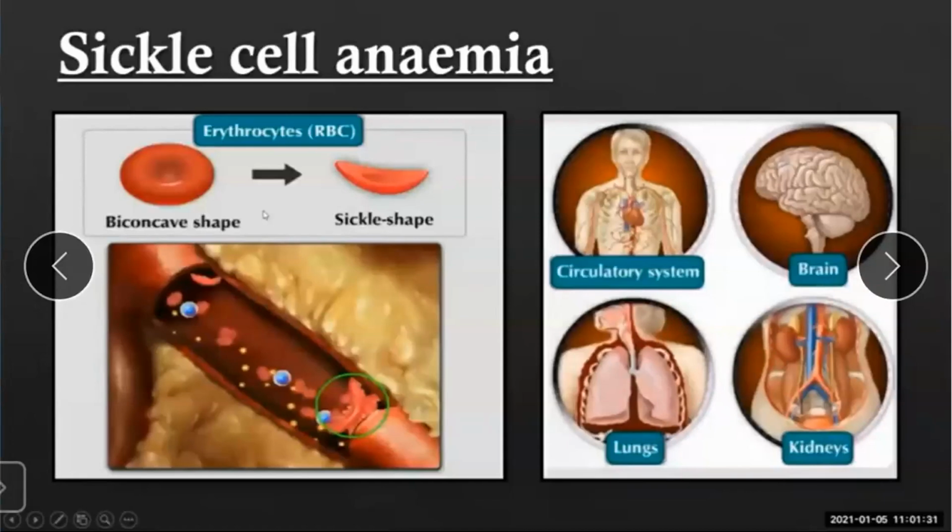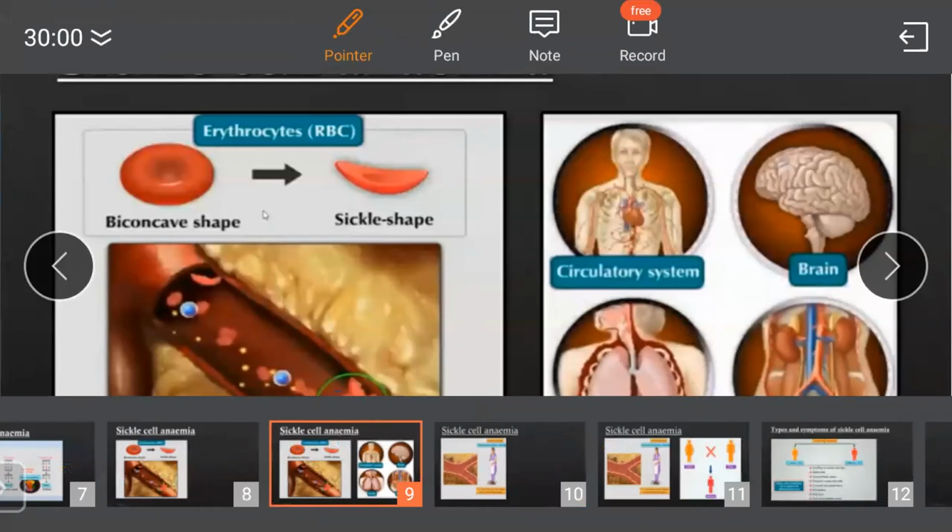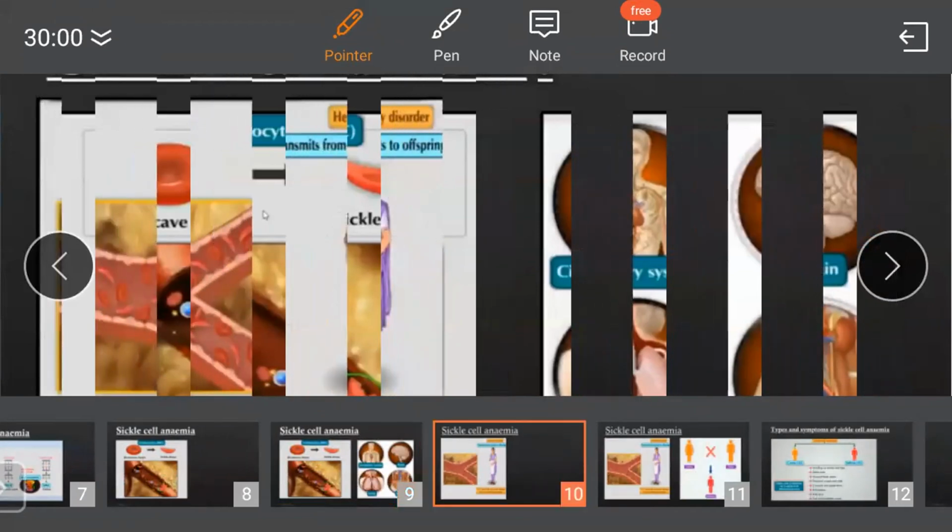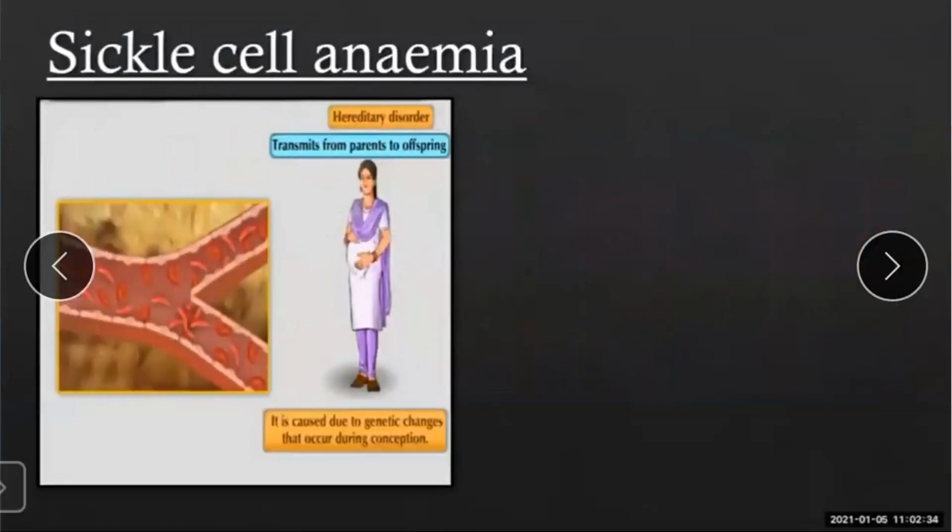So, sickle cell anemia is a hereditary disease. It occurs due to changes in genes during conception.